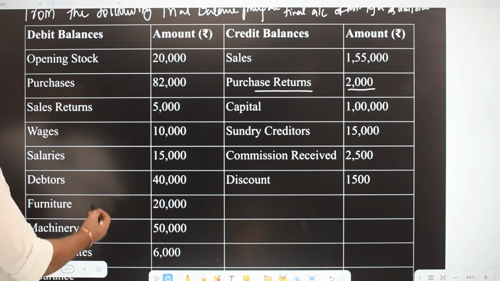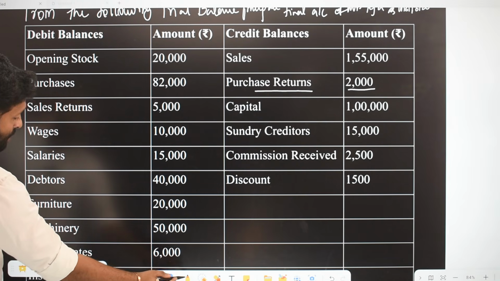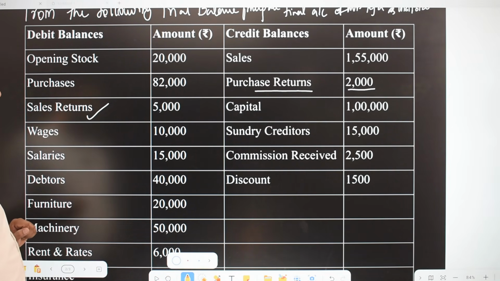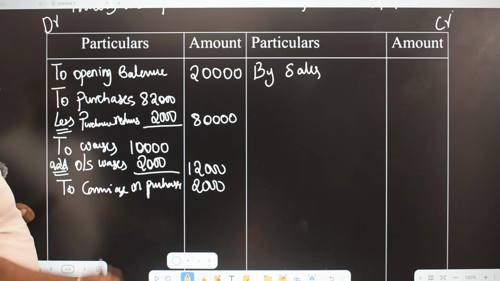1,55,000, and that too we have a sales return. Sales nunchi deduct cheyali, credit side of trading account. 1,55,000 minus sales returns 5,000. Post it on the credit side of trading account.